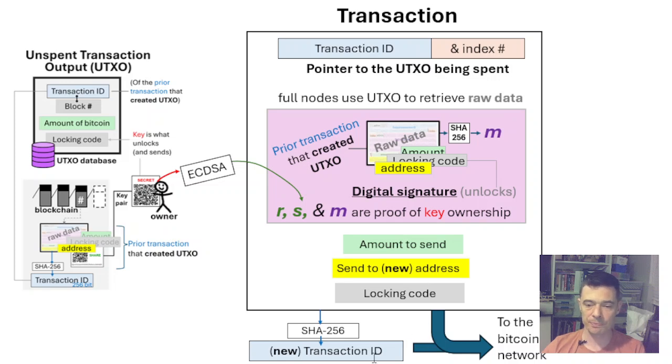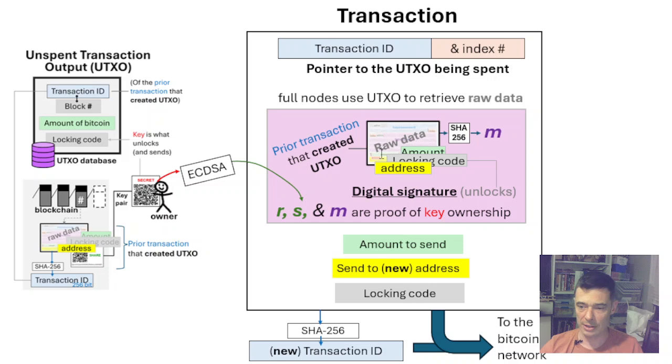So this and this, they go out to the Bitcoin network. In this fashion, the sender is providing the full nodes all the information they need to validate. So full nodes get this. They're going to get this pointer. They're going to find the raw transaction, the prior transaction, on their blockchain.